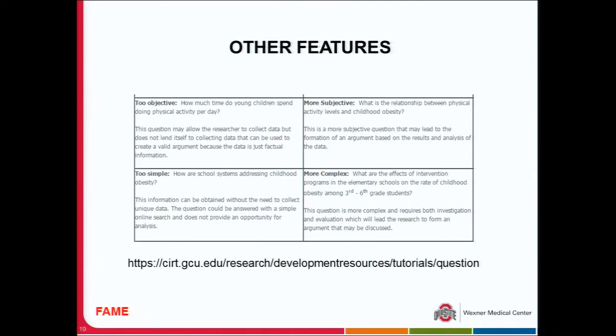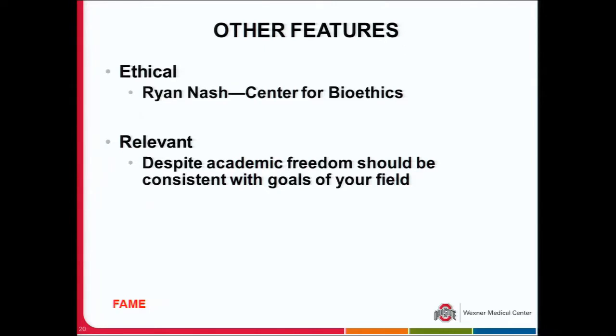A more complex question is, what are the effects of intervention programs in the elementary schools on the rate of childhood obesity among 3rd to 6th graders? This is more complex, requires more investigation and evaluation. So there's a balance between being too simple and complex enough to write a really good research question. I'm not saying these are easy things to do, but it is what you need to strive for.